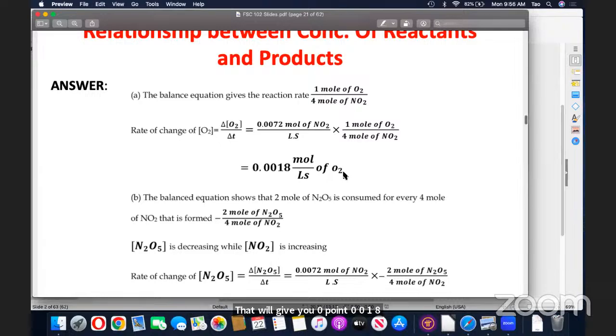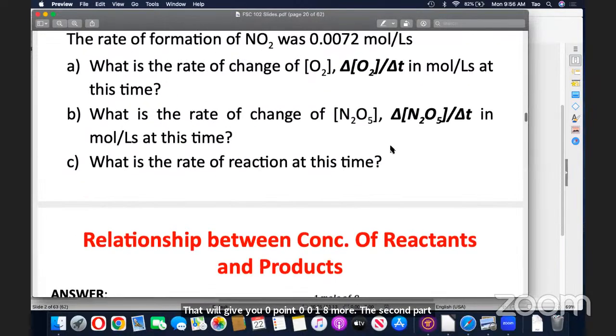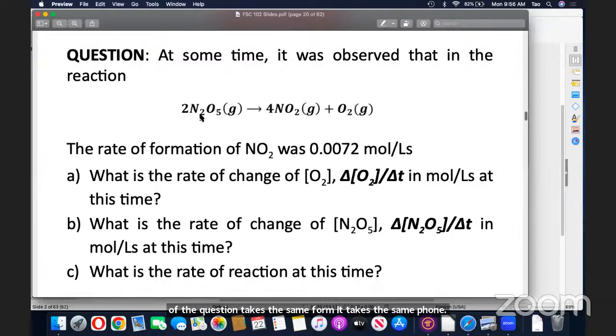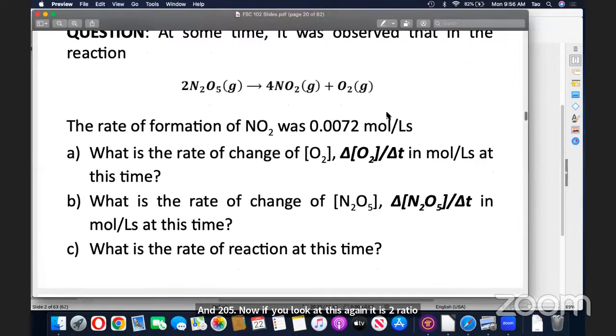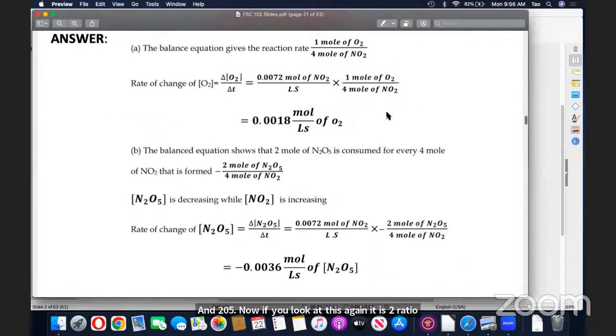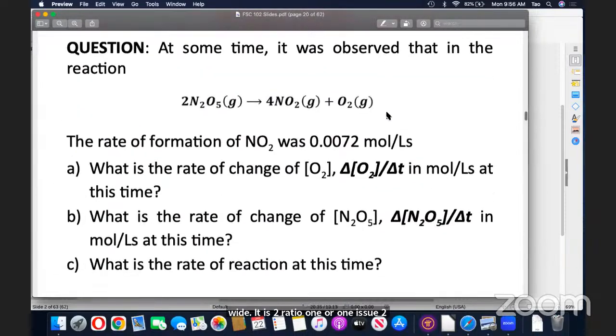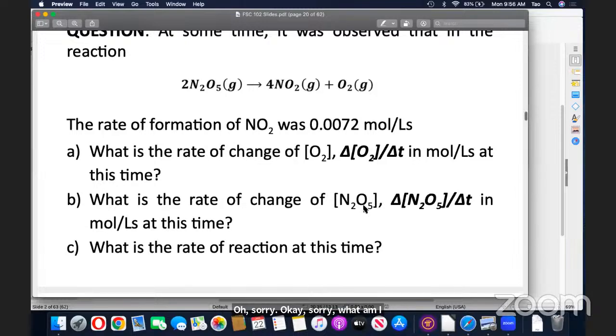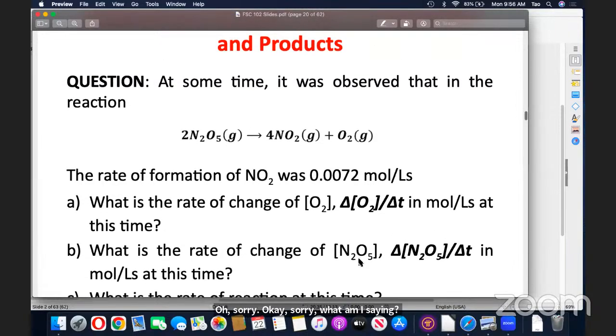The second part of the question takes the same form, with N2O5. Now, if you look at this again, it is 2:4.